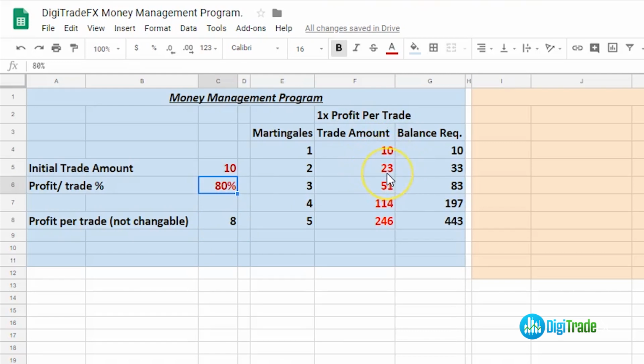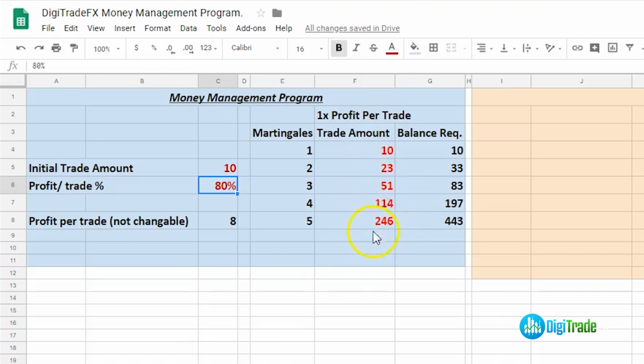So I put $23 into my Binary Cent account and get ready for my next trade. If I lose that trade, I move up to 51. Now, if I win that trade, I recover my 51, my 23, my 10, plus keep my 8 profit. And then finally, we go up to level 4 and 5.